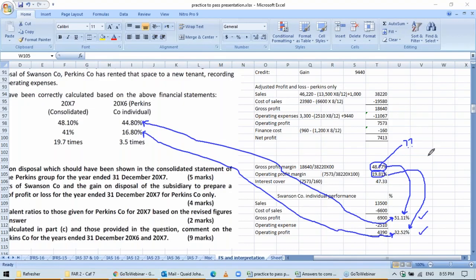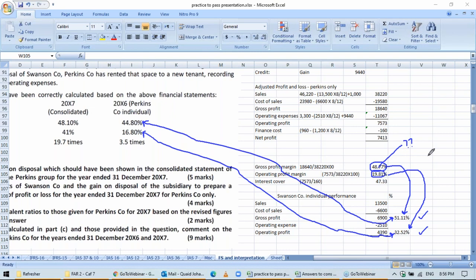So apparently Swanson's gross profit margins are high, but if the parent-subsidiary relationship wasn't there, Swanson's profit margin may not have been that high, right? And Perkins' gross profit margin would have been higher.